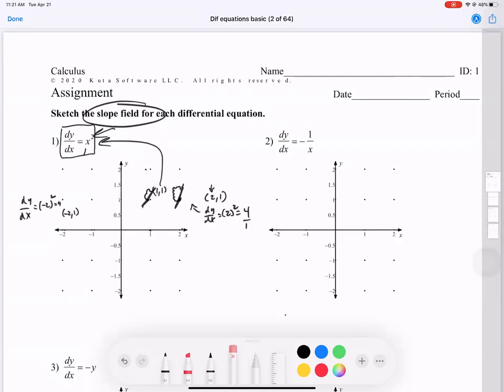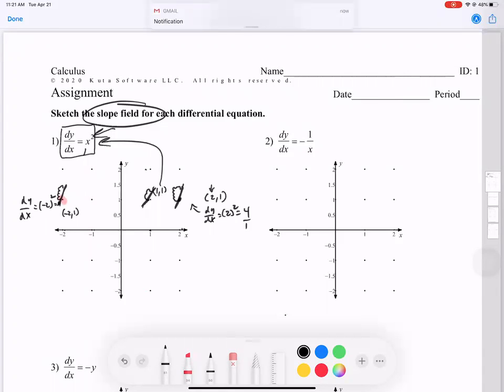I meant this one right here. So the rise over run would be a rise of 4, 1, 2, 3, 4 over 1, and that's pretty steep. So for this whole graph, you would go about graphing different points of slope, almost like different points of interest.